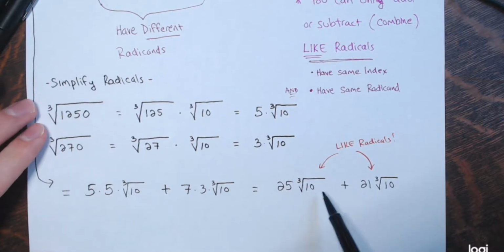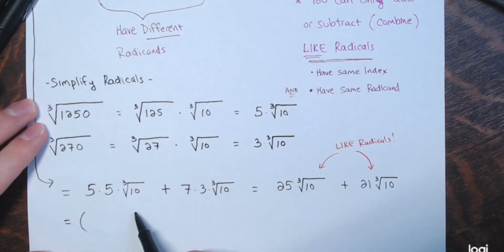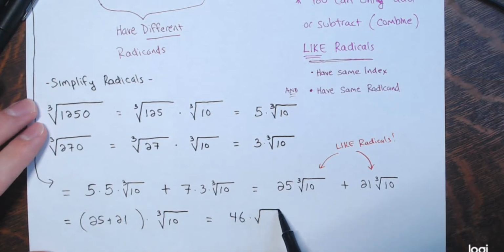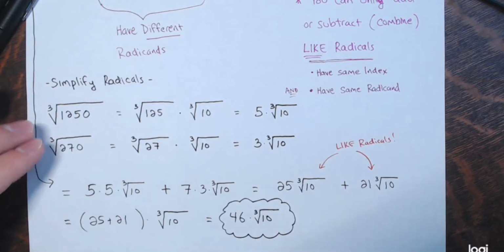Both these have a common factor of the cube root of 10. And if you factor out a cube root of 10, what's left over is 25 plus 21. All you're doing is combining the coefficients of the radicals to make a new radical. And we got 46 times the cube root of 10. And this is as simple as we can get. And this is what they're asking us to do.